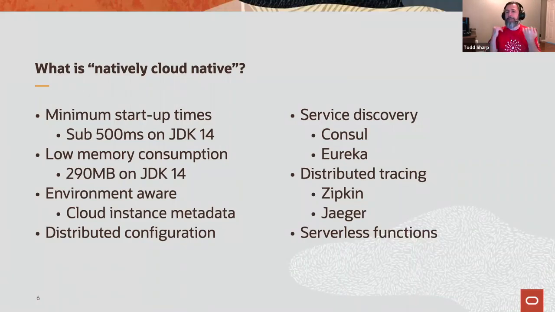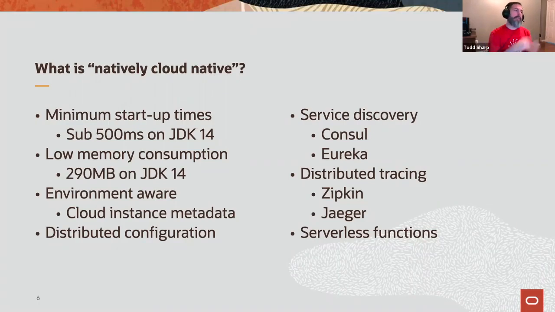We're caring a lot more about memory consumption. We need to be aware of the environment because we might be running in 2 different clouds. We might be running locally. We need to know if we're running locally, or in a test environment. We need to be environment aware. We're using things like distributed configuration because it's a lot harder nowadays to store sensitive data, and obviously you don't want to store that in your application.